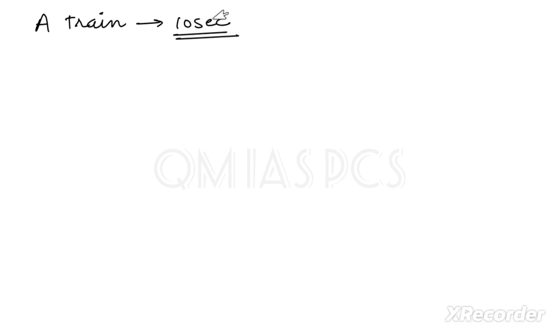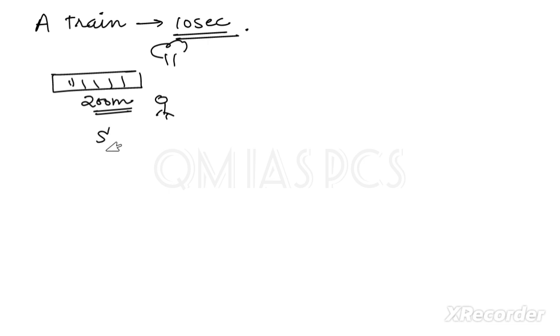If this is the train and this is a person or a tree, there is no distance for this tree or this person, so you have to consider only the length of this train. So that train is passing that tree in 10 seconds. If the length of the train is given, like 200 meter, we have to find the speed of the train.